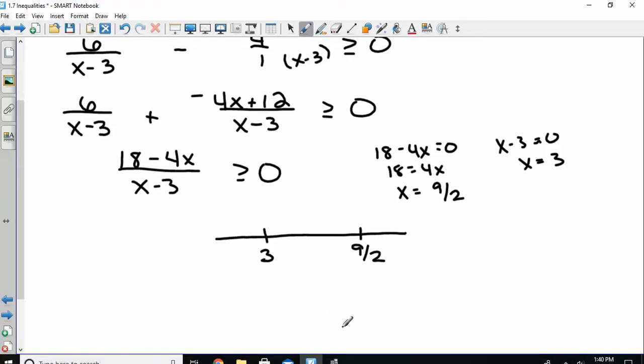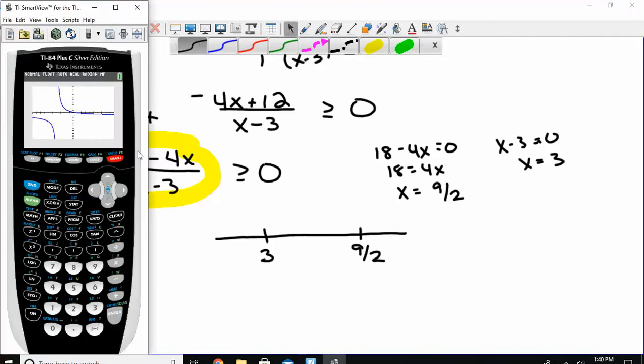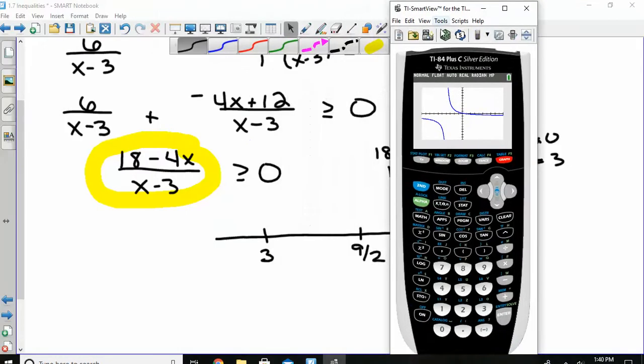Now what do we do? Look at the graph. You are graphing this final fraction that we have. Okay, so make sure you put parentheses around the top and bottom.